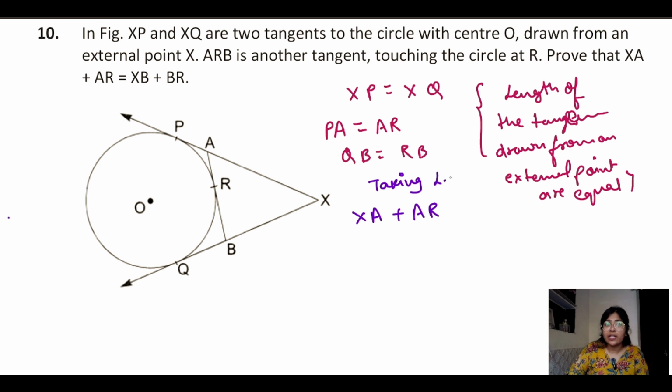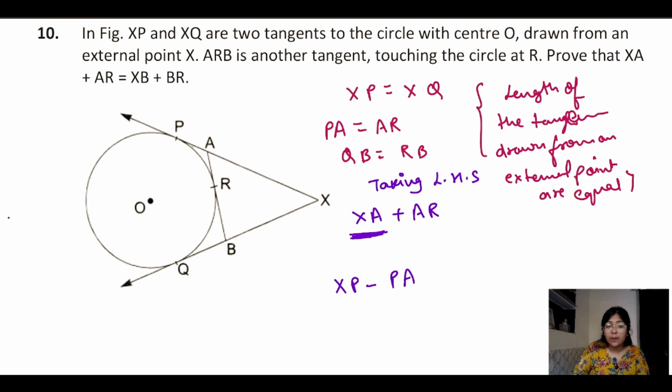So we are taking the LHS, XA. Instead of XA, we can write XB, yes or no? No. Then what are we going to do? XA can be written as XP minus PA, yes or no?